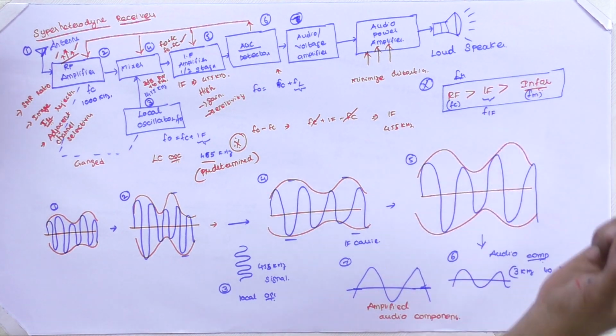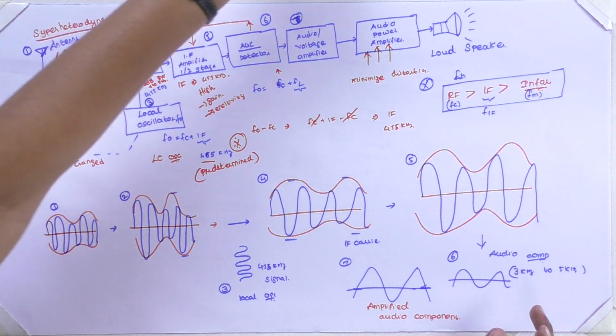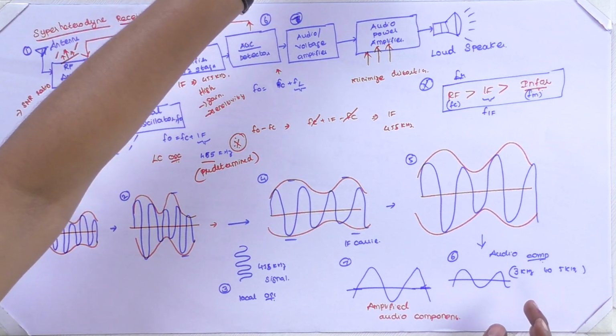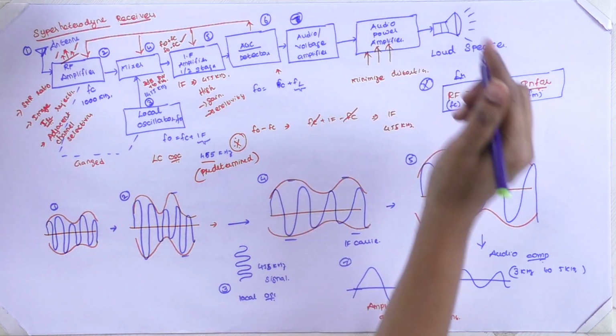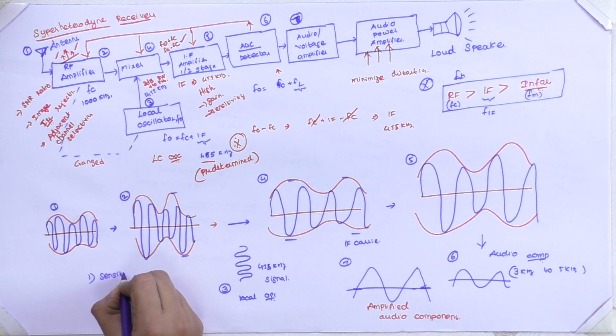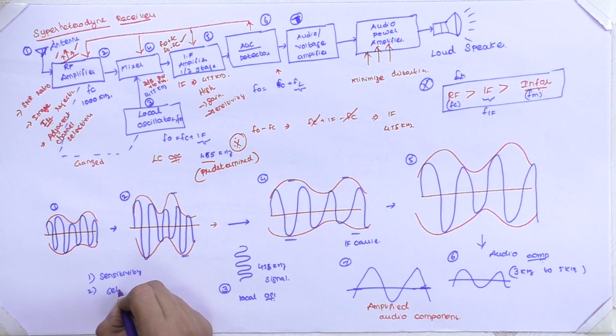This is our FIF. And there are 4 important parameters among the receiver parameters, which are sensitivity, the second one selectivity, the third one fidelity, and the fourth one noise figure.